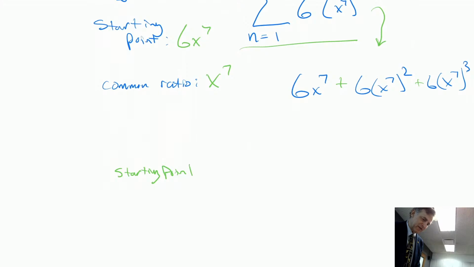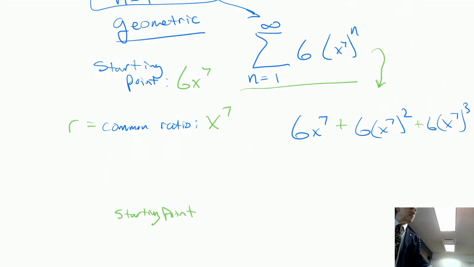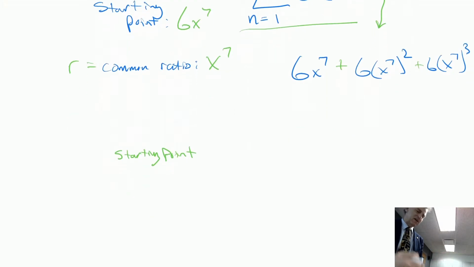I know that if you look this up online, they'll use letters like A for the starting point, and they'll use R for the common ratio. In fact, I think I'll just use R for the common ratio here. But I like to emphasize that we're doing the starting point. It doesn't matter what n is as long as it's a geometric series.